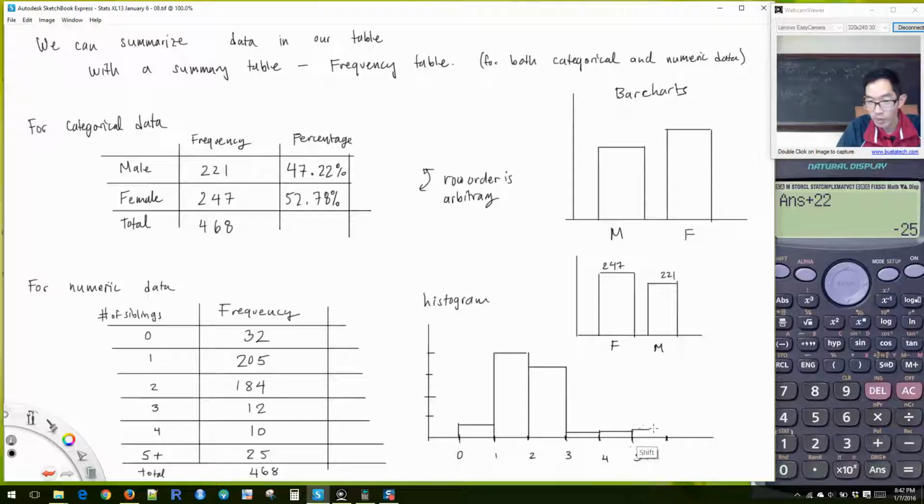I messed this up, didn't I? Something like that, okay. And so with histograms, you have to put them in order, small to large, from left to right.